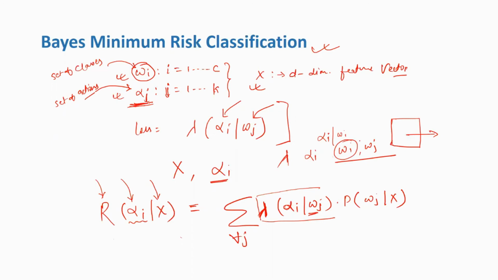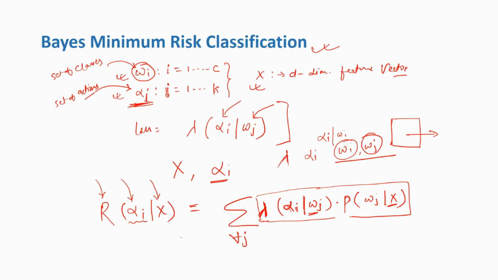When it is classified as omega j, then there is a loss, an error. That's why we calculate the loss lambda while taking action alpha i given class omega j, multiplied by the probability of omega j given x.